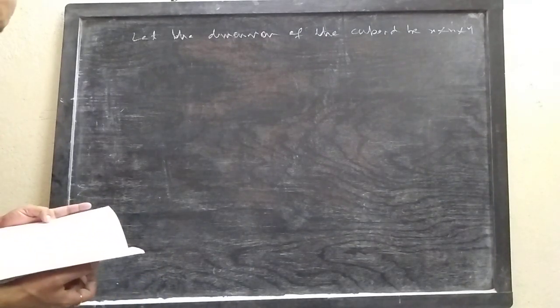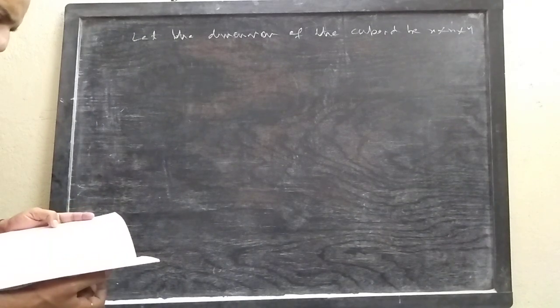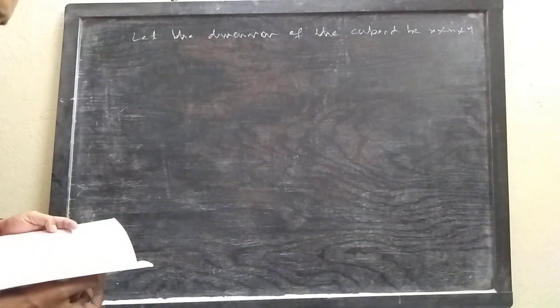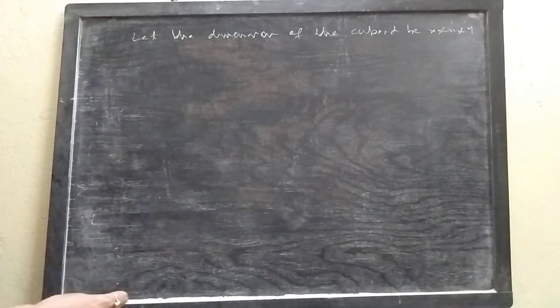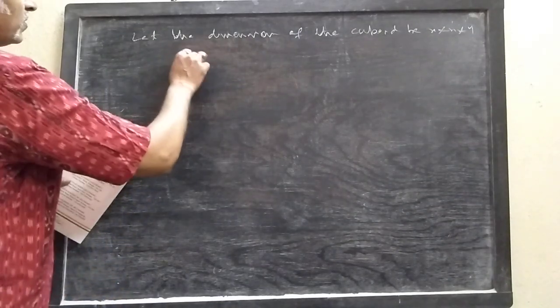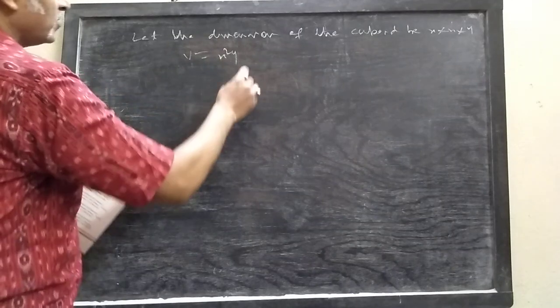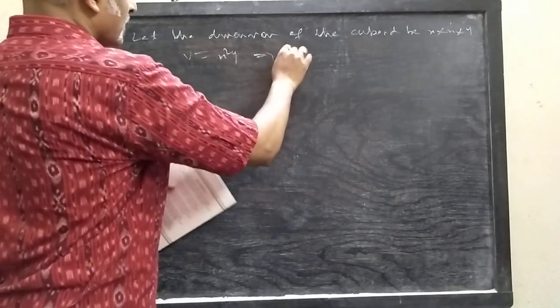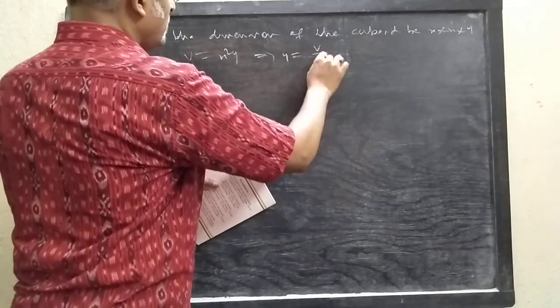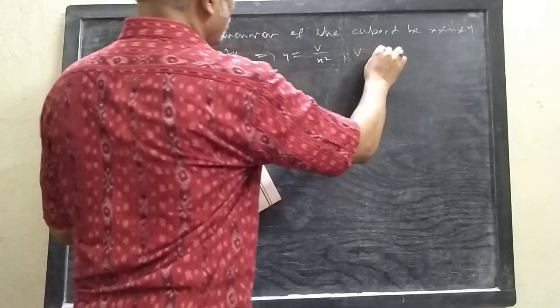The volume is given and fixed, so its volume will be given by V equals x square y. That implies y equals V by x square. Look, V is constant.